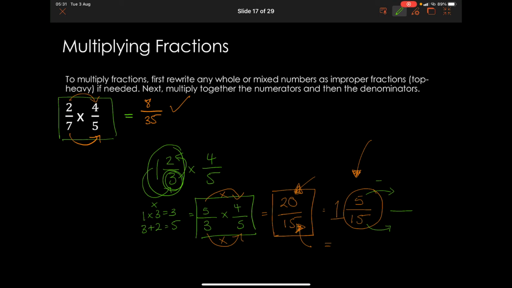So I can divide both of these by 5. 5 divided by 5 is 1, and 15 divided by 5 is 3. So my final mixed number would be 1 whole 1 and 1/3. It still means the same thing as 1 whole 1 and 5 over 15.